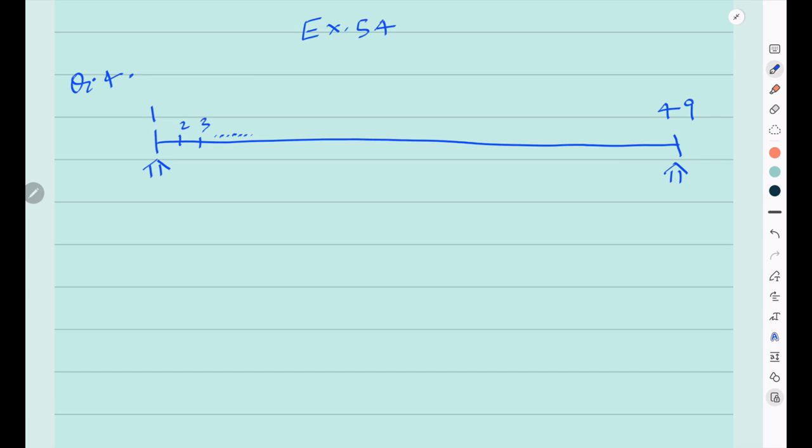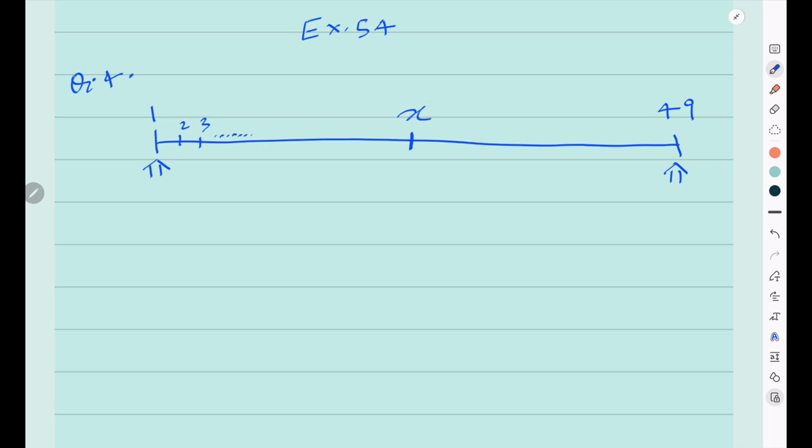Now let us go further. Show that there is a value of x such that the sum of the numbers of houses, we need to break it down. So this is house number x.